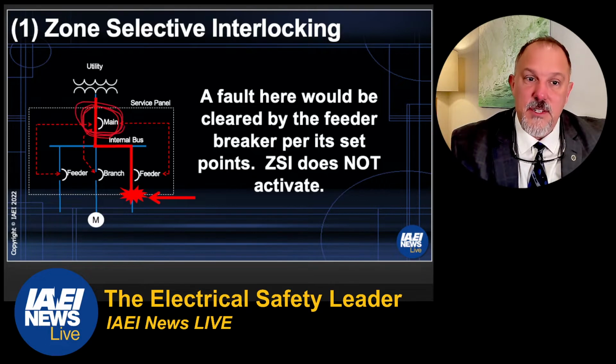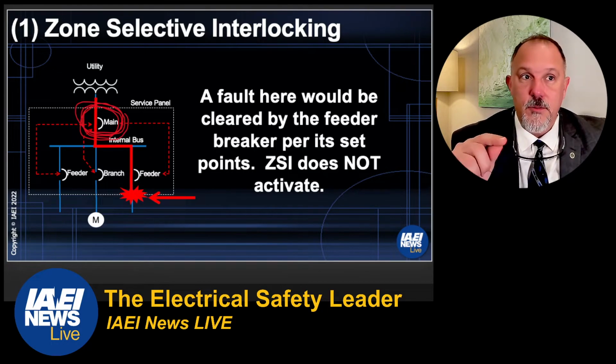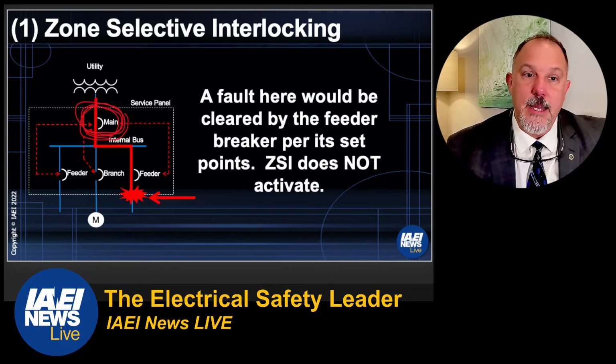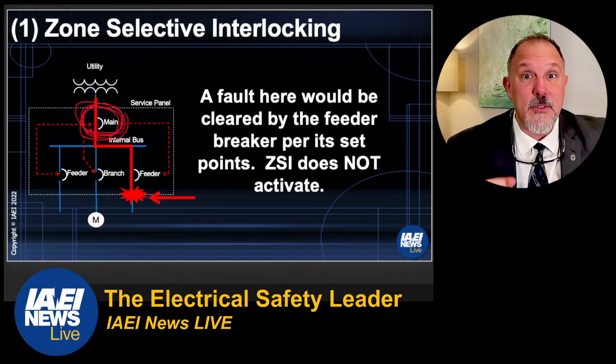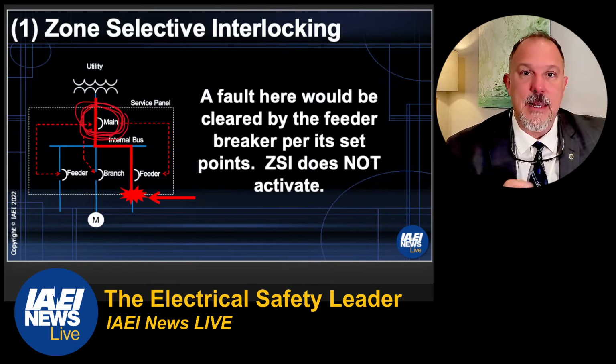This device will trip based upon the time current characteristic curve, which is determined by the settings that you put into the trip unit. And if you put a 30 cycle delay, it's going to wait 30 cycles. If you put a 10 cycle delay, it's going to wait 10 cycles.